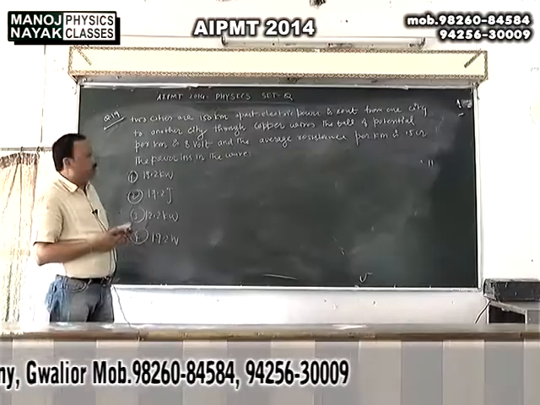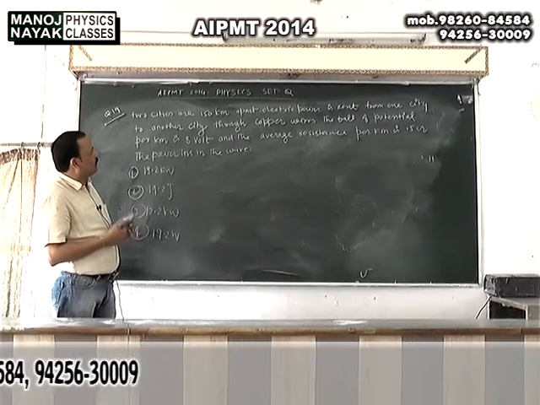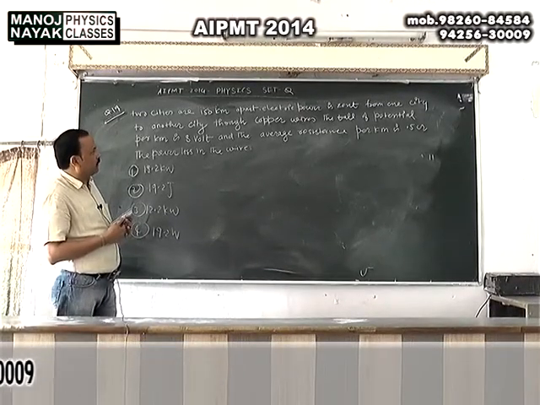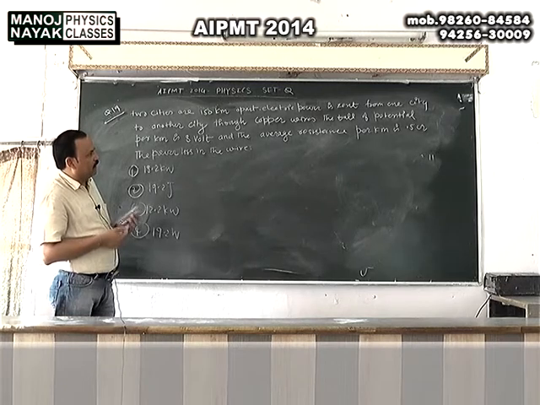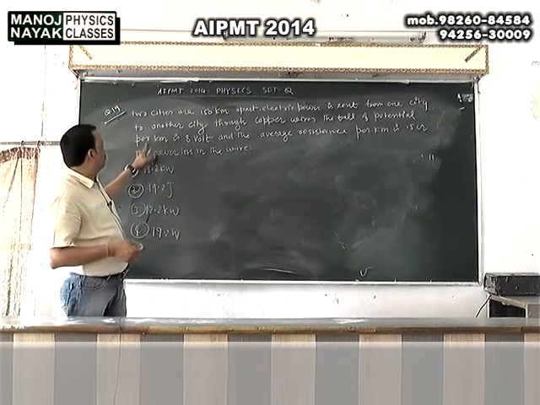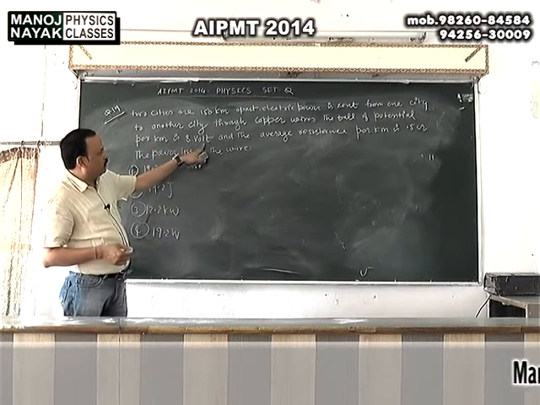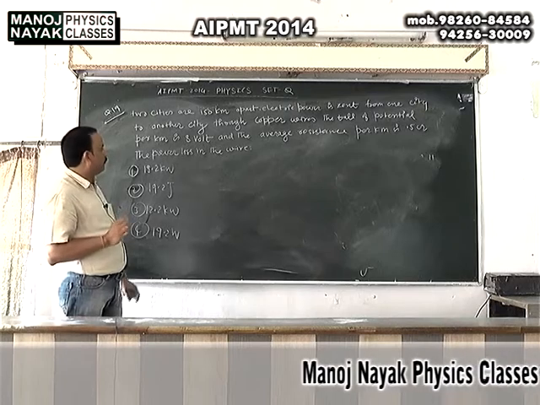Okay, the next question is 19. Two cities are 150 kilometers apart. Electric power is sent from one city to another city through a copper wire and the fall of potential per kilometer is 8 volt and the average resistance per kilometer is 0.5 ohm.